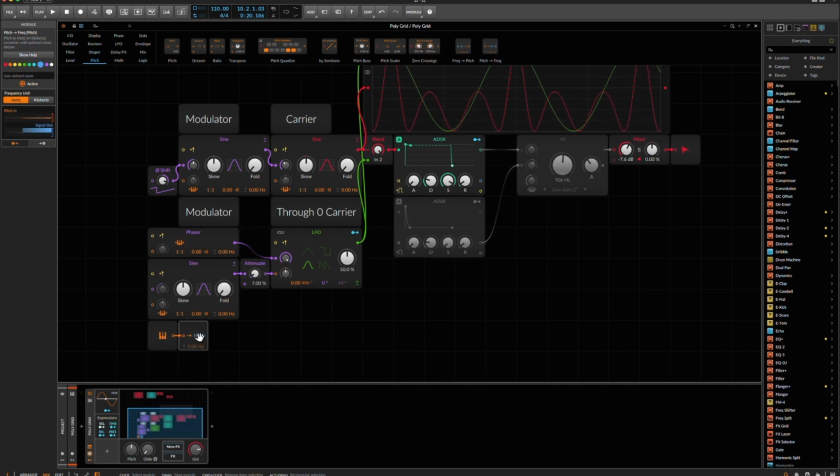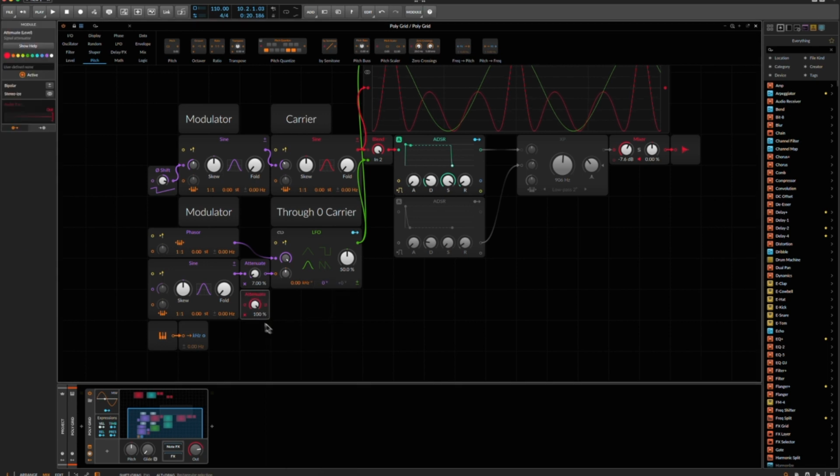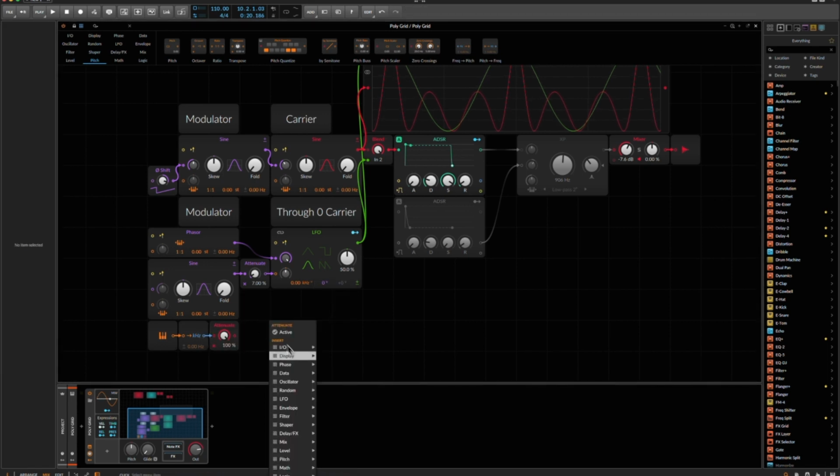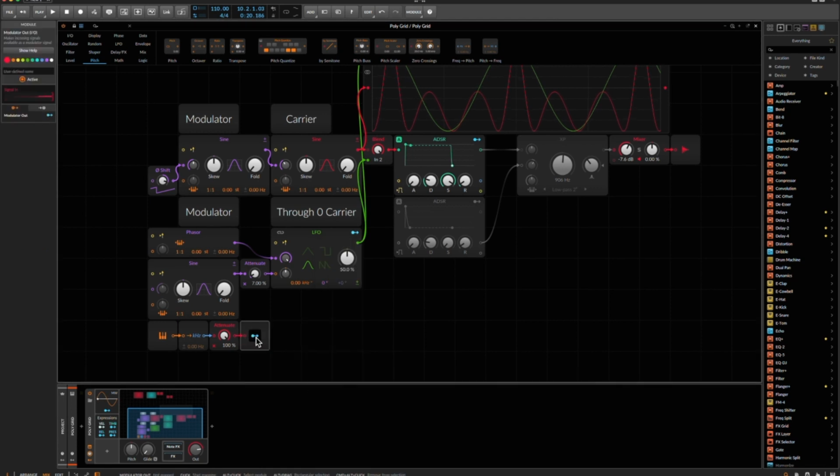And actually, for it to work correctly, we have to switch it to kilohertz. Now I want an attenuation knob in between and then a modulator out. I can hook all of this up.